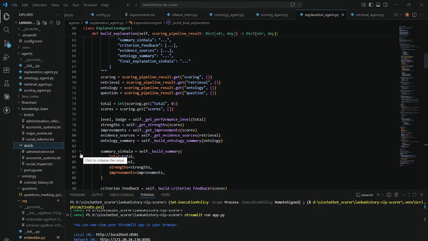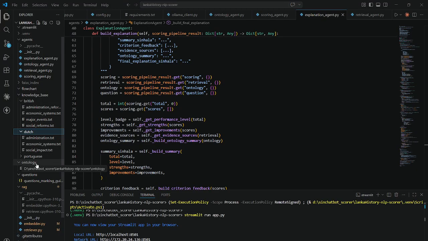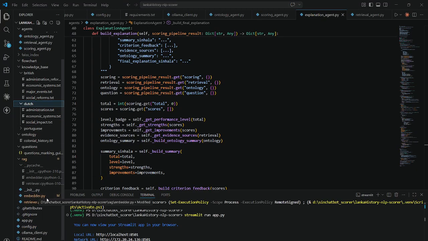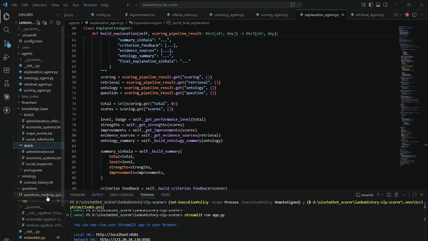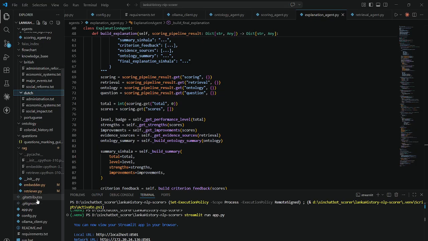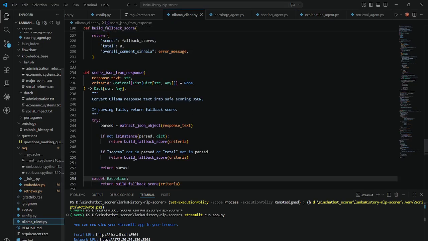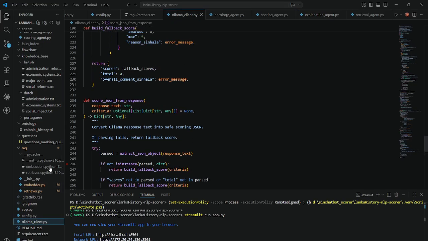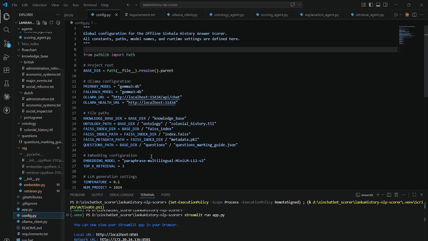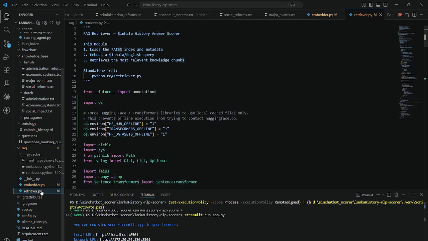This separation makes the system modular, explainable, and easier to debug. This is my ollama_client.py, and this is my config.py. This is the rag embedder.py and retriever.py.